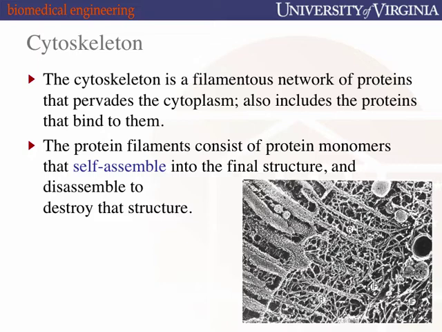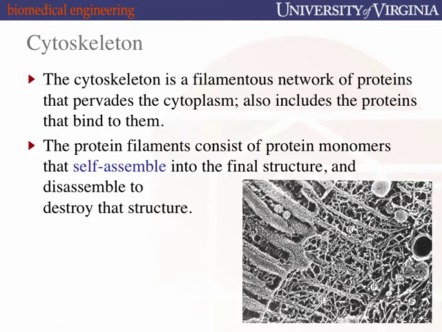All right, so the protein filaments consist of these protein monomers that self-assemble. Again, it means that once those monomers come into contact with one another, they will associate and begin to polymerize. And so as you can imagine, the cell has evolved mechanisms to regulate how well monomers come together. Because if we stick all these monomers in a solution with no regulation, they will form a polymer.